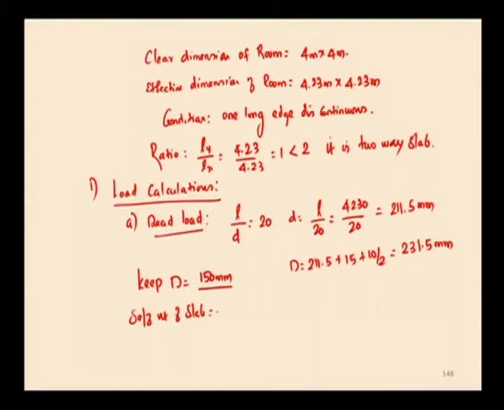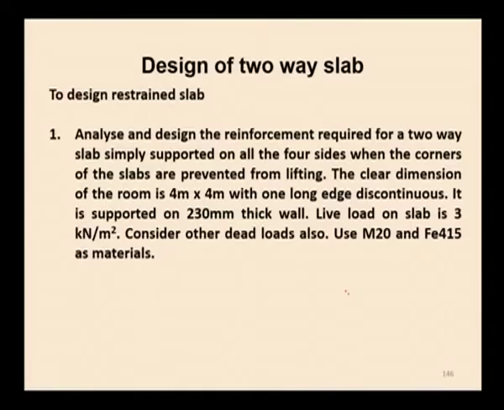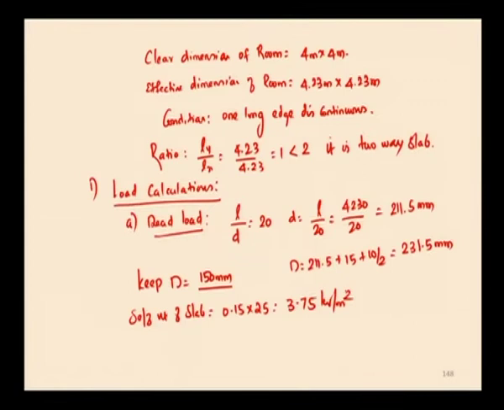Self weight of the slab is 0.15 into 25, which is equal to 3.75 kilonewton per meter square. Then in addition to that, they have asked us to consider other dead loads also, that is self weight of the slab, then self weight of floor finish.